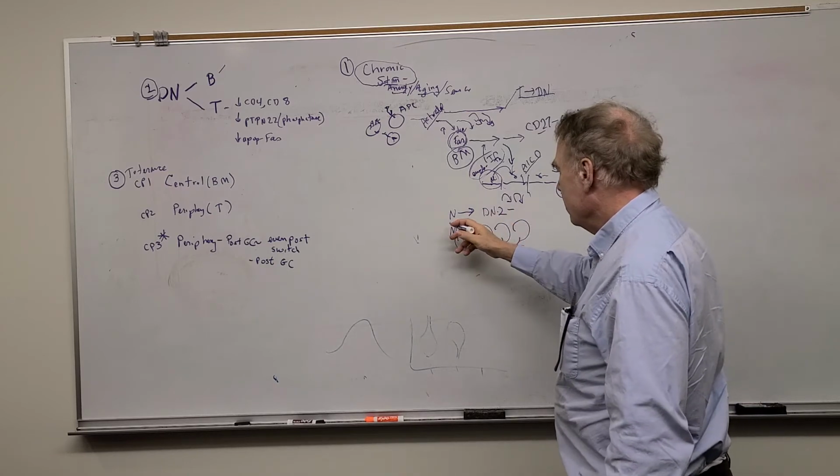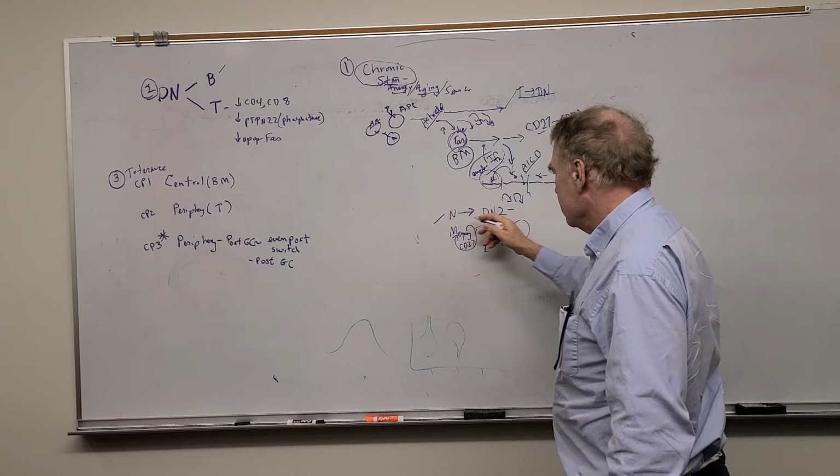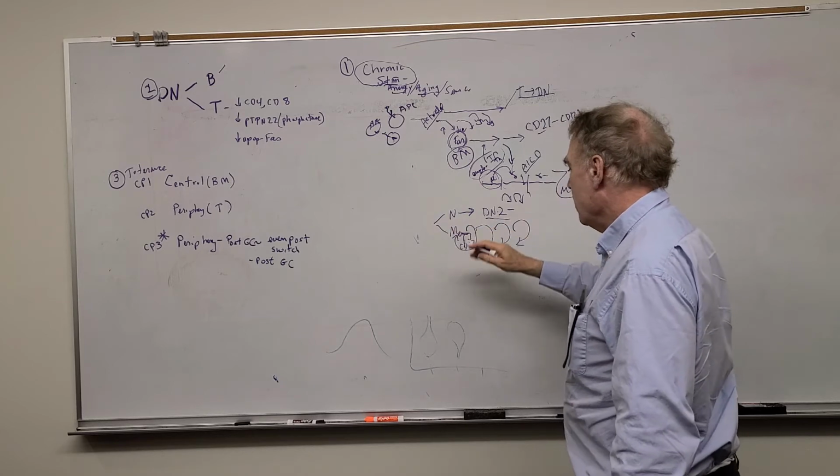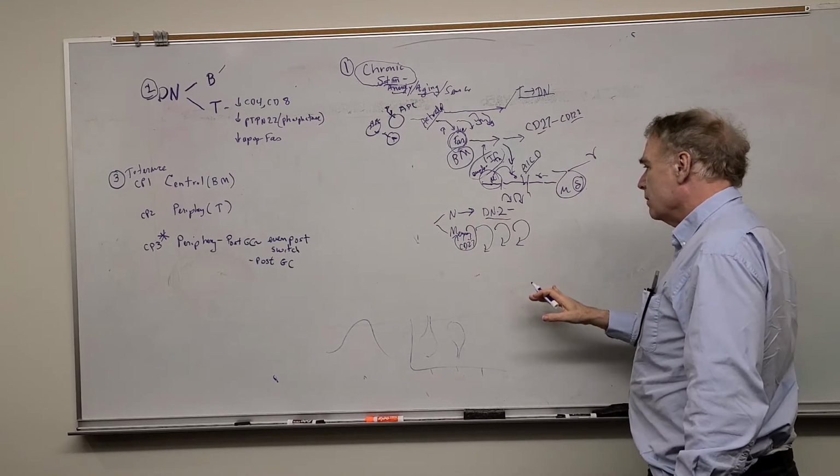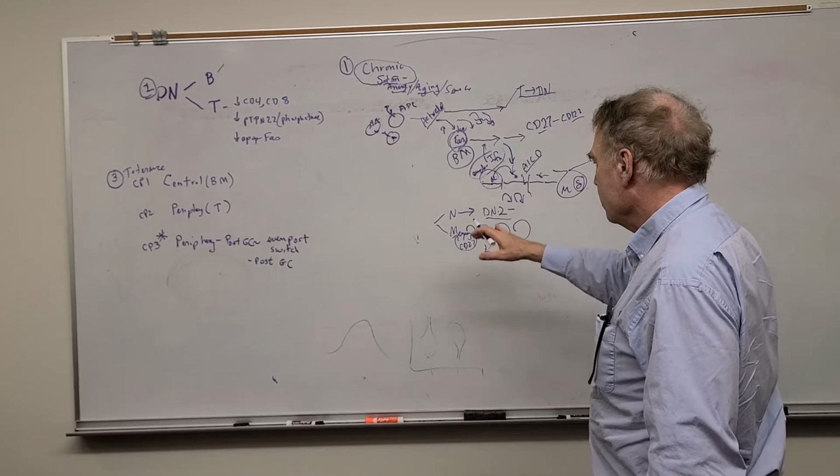So just like Lipsky's paper said, you can get these kinds of double negatives, or you get chronic stimulation double negatives from memory B cells that are kind of along the way.